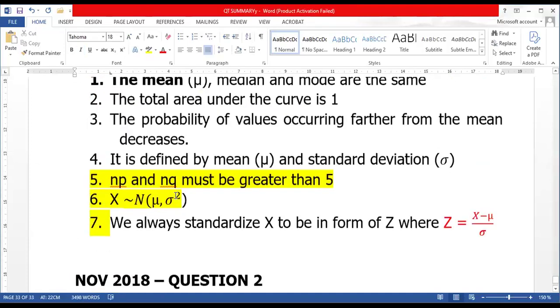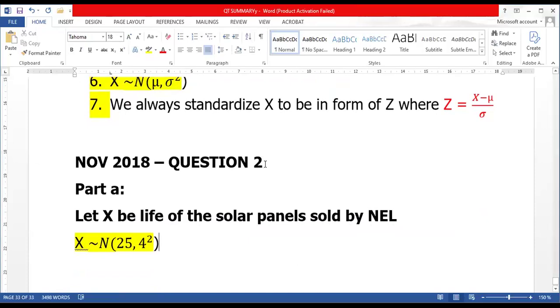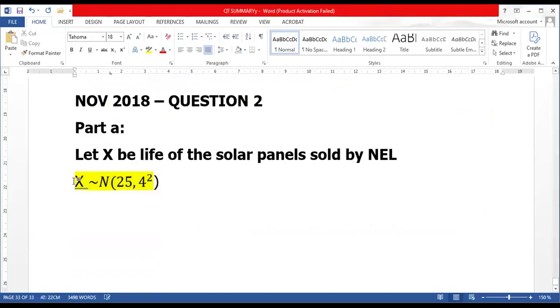One of the properties is that our random variable X follows a normal distribution with mean and variance. So if you're given the standard deviation, you can square it. Sometimes the examiner will give you only this.